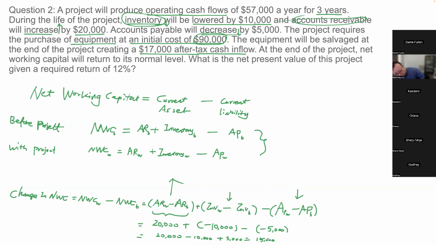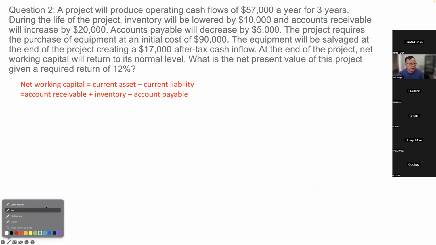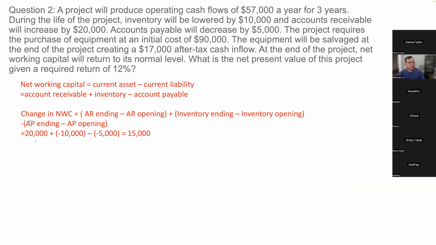Okay, very good. Now, this is the major part. I think your students may be confused. So I went through the definition of the net working capital, and I calculated how much net working capital is required.